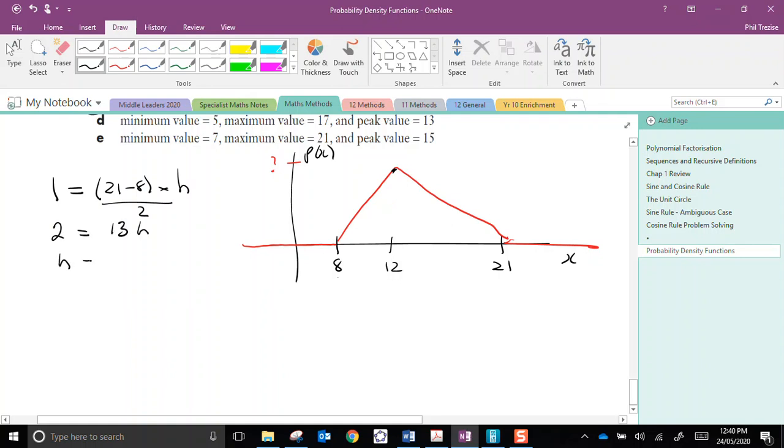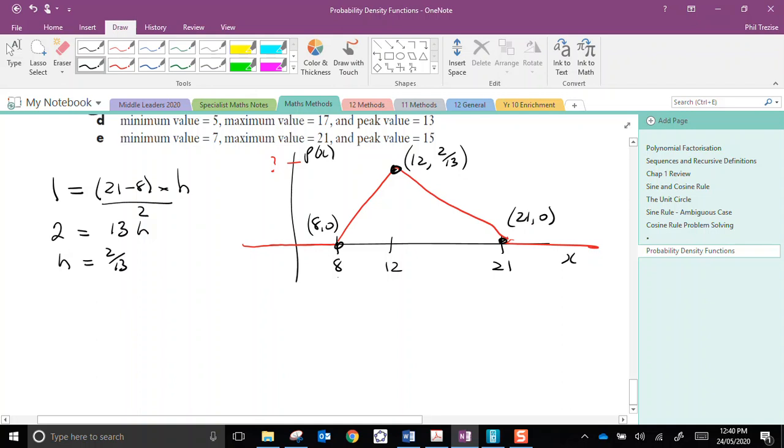I think h is 2 on 13. What an inconvenient number. So the coordinates of this point are 12, 2 on 13. This point, of course, is 8, 0, and this point is 21, 0.